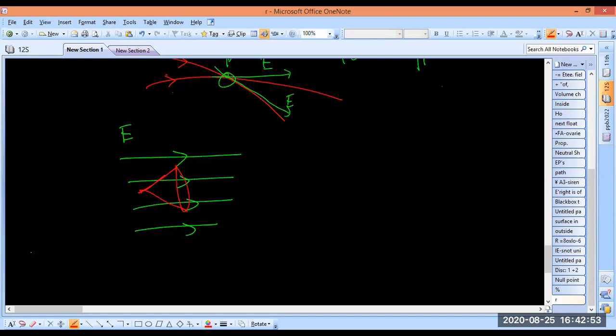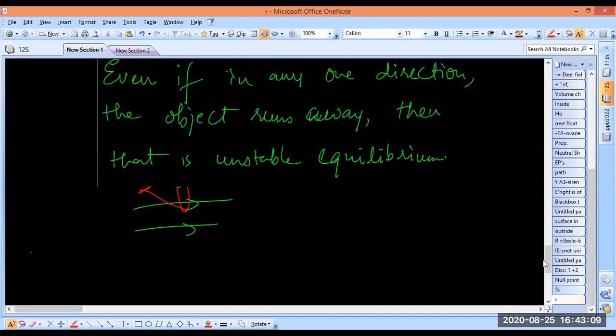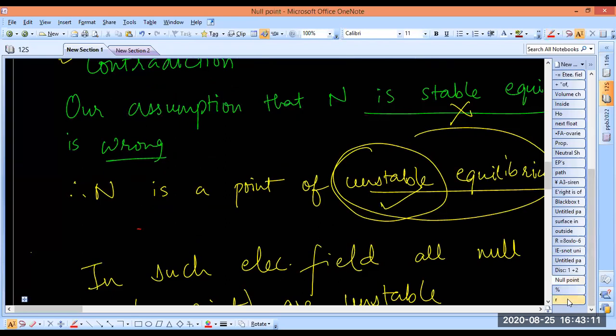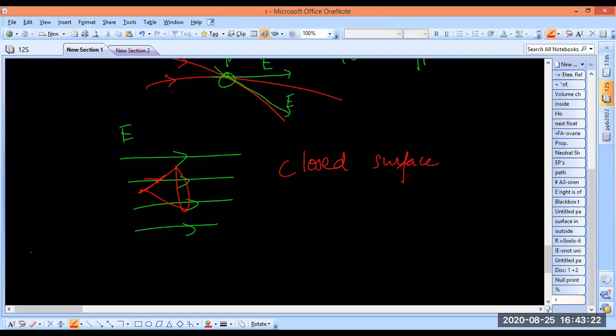See, this cone is a closed surface, and there is uniform electric field everywhere here. So whatever is the number of field lines going in from this surface, that same number of field lines will go out from this surface.